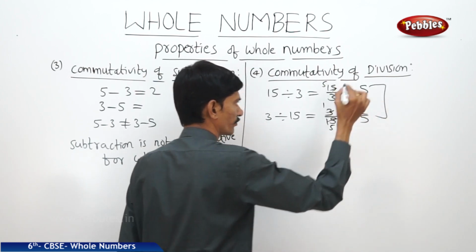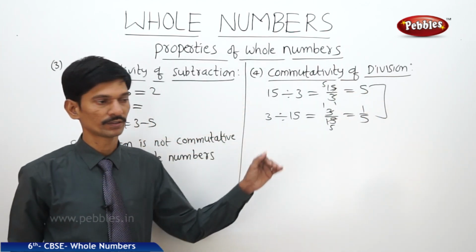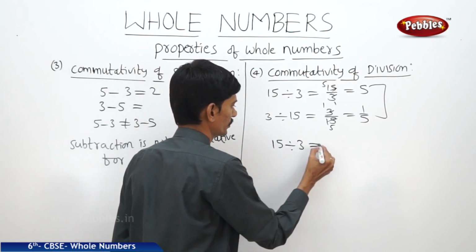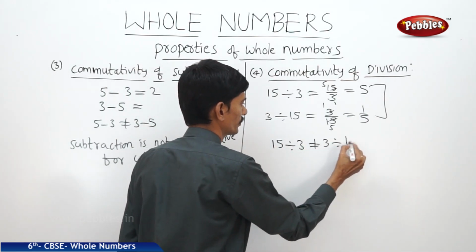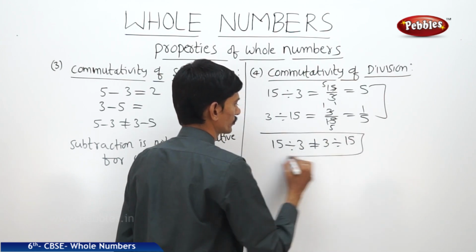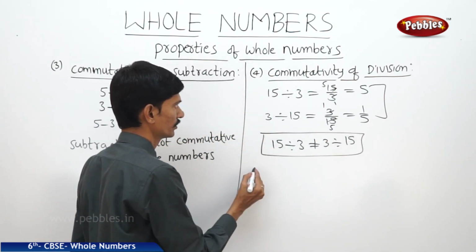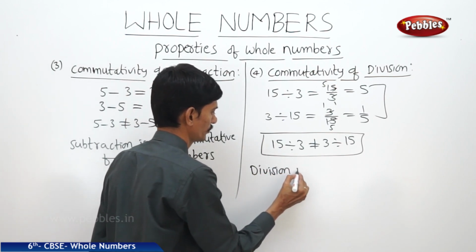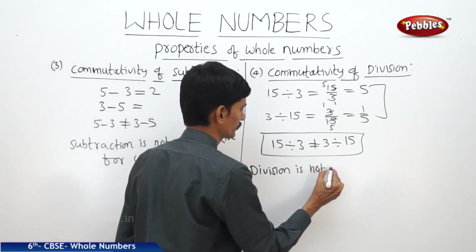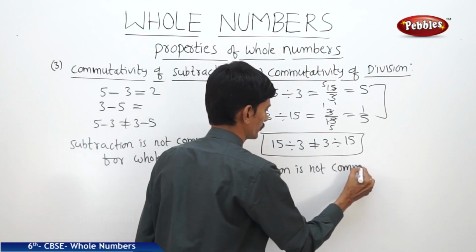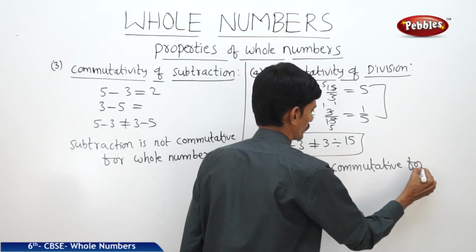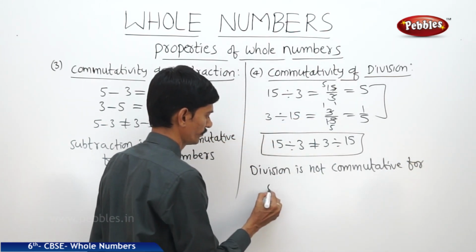But here 5 is not equal to 1 by 5, so we can say that 15 divided by 3 is not equal to 3 divided by 15. So then we can conclude that division is not commutative for whole numbers.